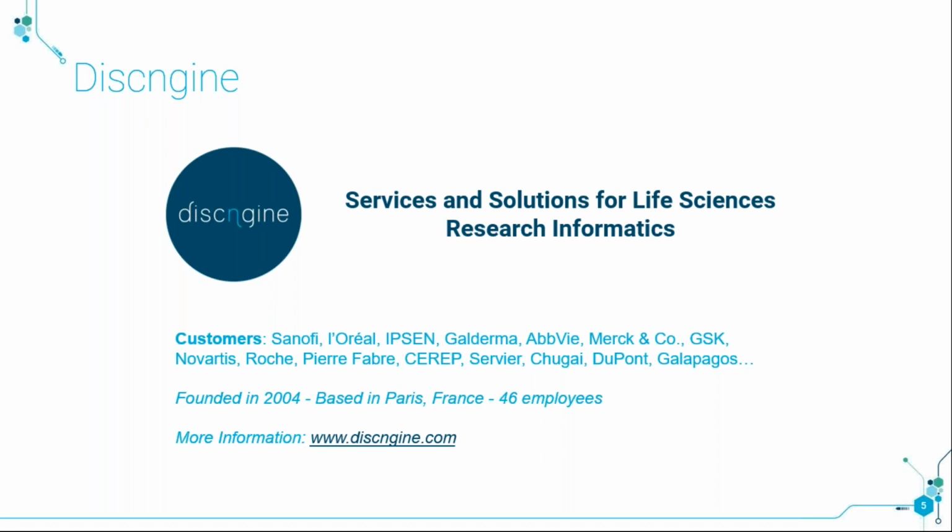Basically, we provide services and solutions for life sciences research informatics. We are more focused on the early drug discovery process, but as you can see in the list of customers, which is non-exhaustive, we also work with some agrochemical companies and biotechs. I think that you will recognize most of these companies.